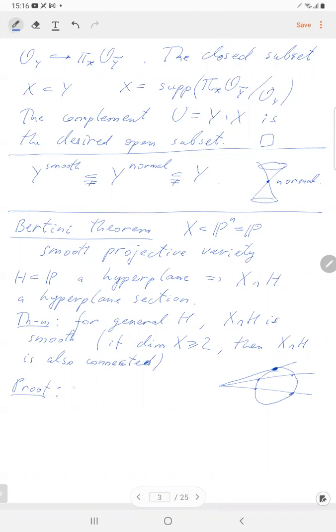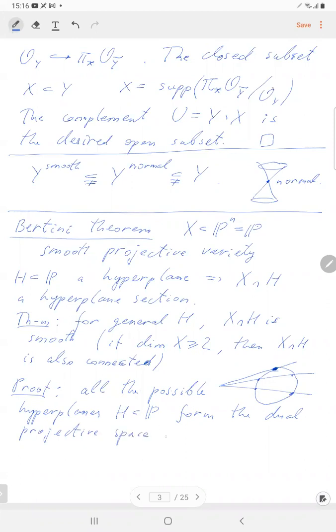Well, all the possible hyperplanes H in our space form the dual projective space P dual.